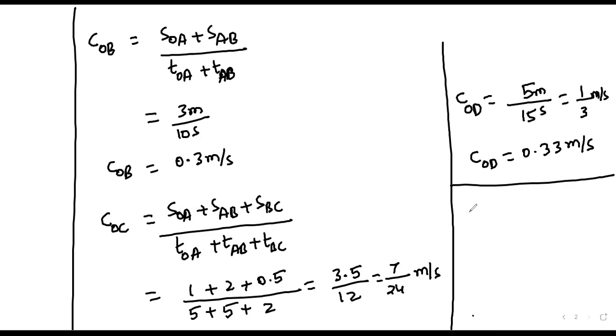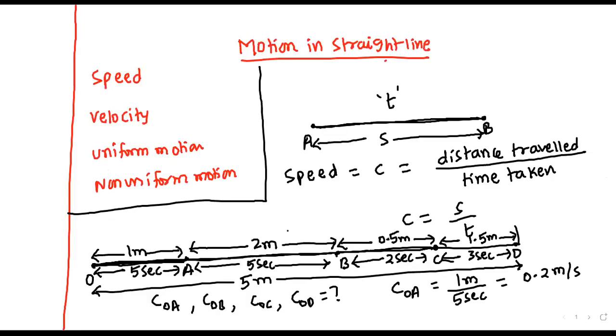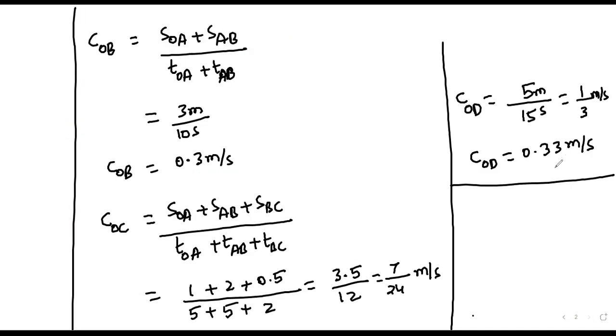Sir, can't we do it directly? How can we do it directly? Like one point we divided and did that. Suppose you see here, if I do OD first, I'll get 0.33.